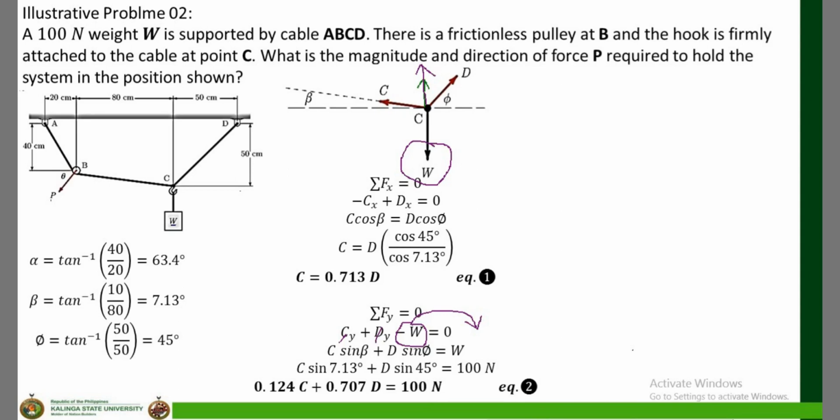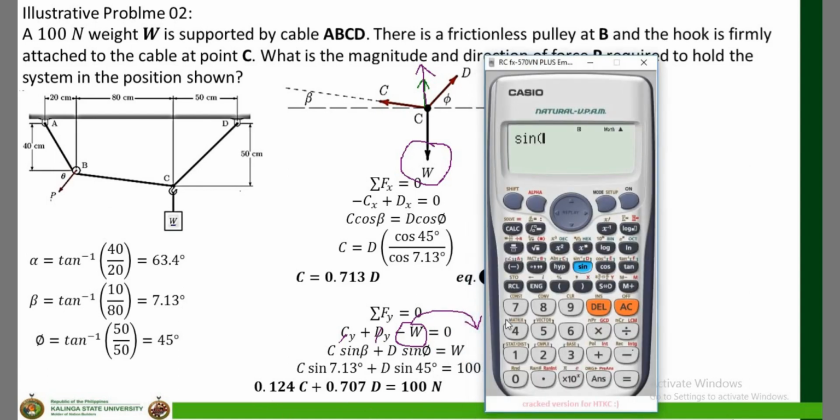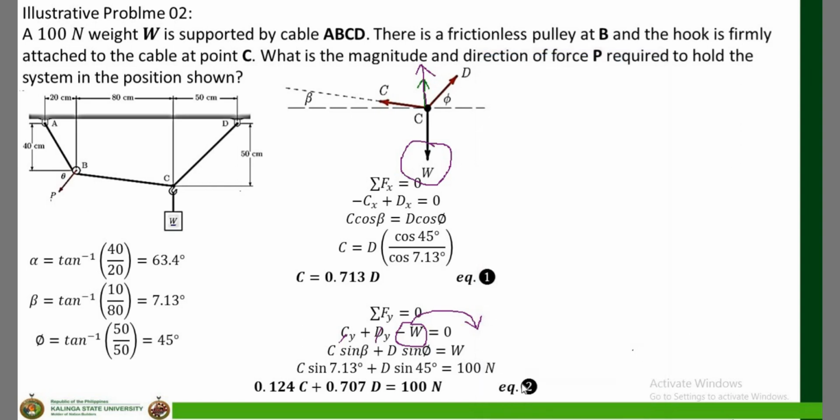Sine of 7.13 is equal to 0.124, and the sine of 45 is equal to 0.707. So this is my equation 2.